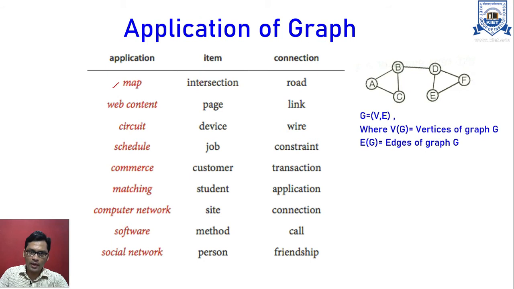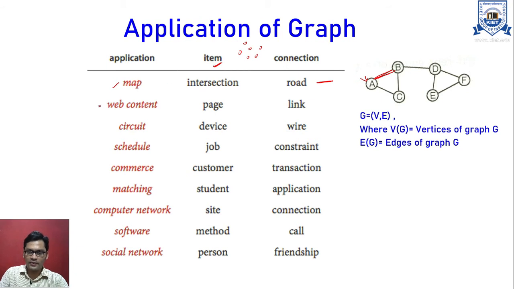In Google Map there are lots of cities, and these cities are considered as nodes, and the roads represent the links, right? So this map application is one example of graph data structure.